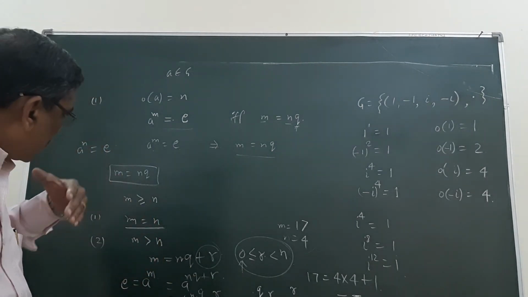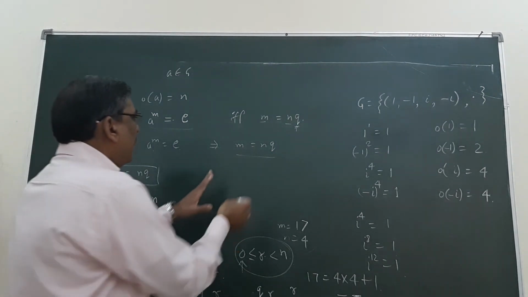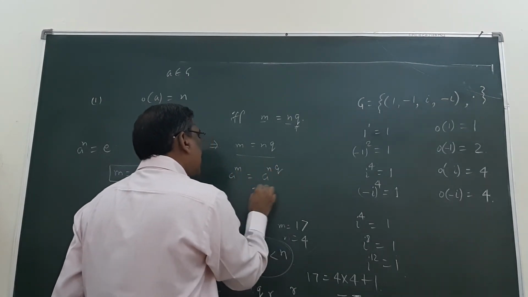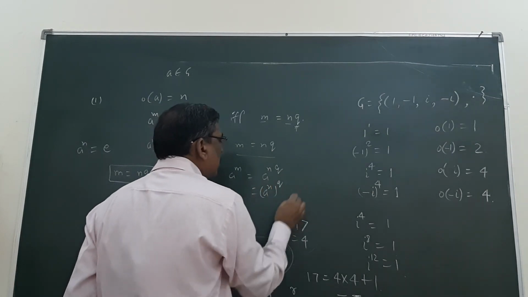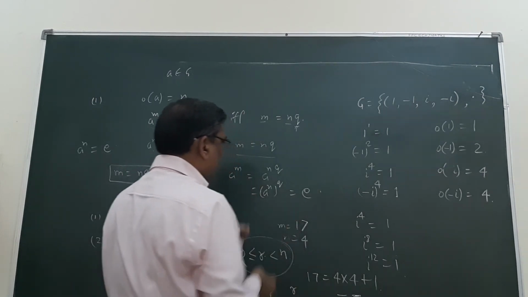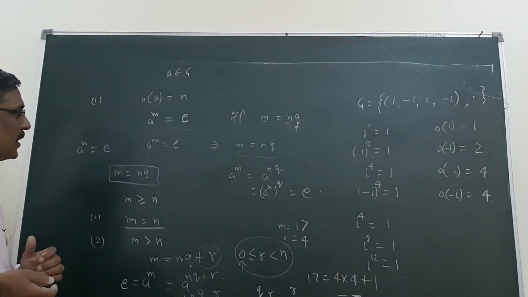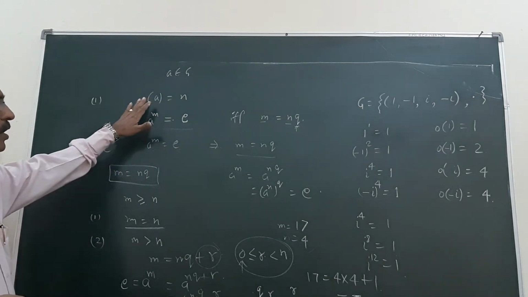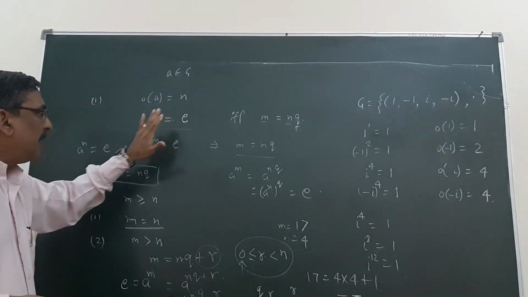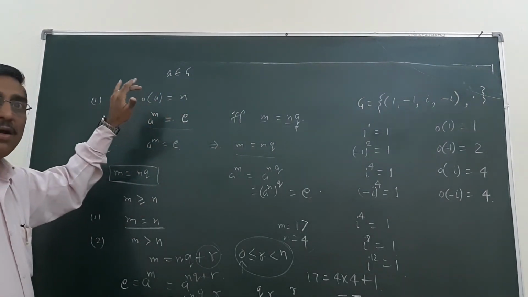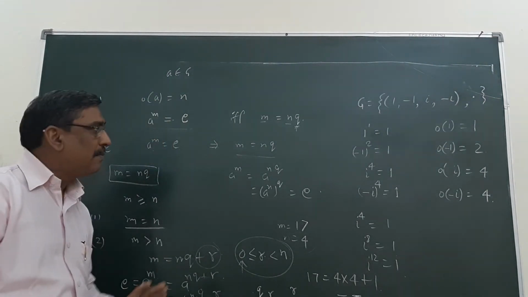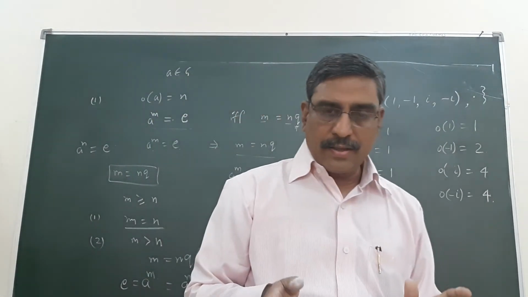And for the sufficient condition, if m is equal to nq, then naturally A raised to the power m is A raised to the power nq, which is A raised to the power n whole raised to the power q, equal to identity. So thus we can say, if the order of an element A in group G is n, then any integral power of A gives us identity only when m is a multiple of n. That's all. Thank you.